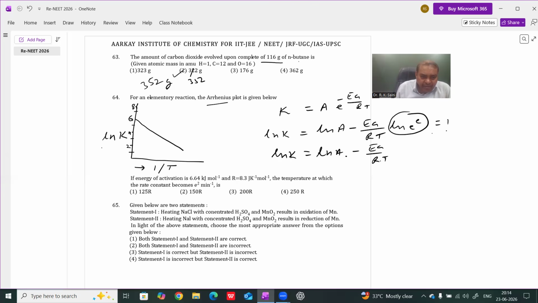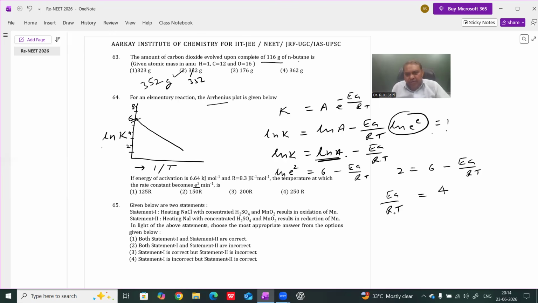In the given equation, the intercept represents ln A, it is 6, and rate constant k is e to the power 2. It means ln e raised to power 2 equals 6 minus Ea upon RT. We know that ln e to the power 2 means 2, and hence 2 equals 6 minus Ea upon RT, or we find Ea upon RT equals 4.